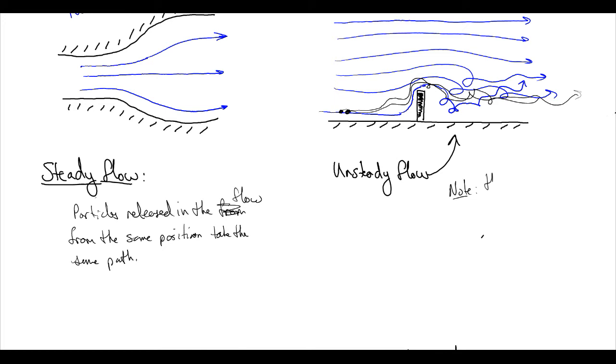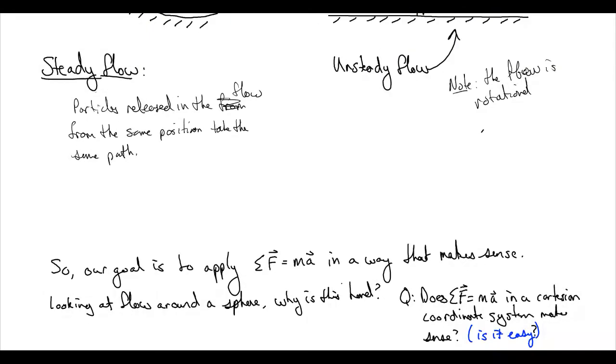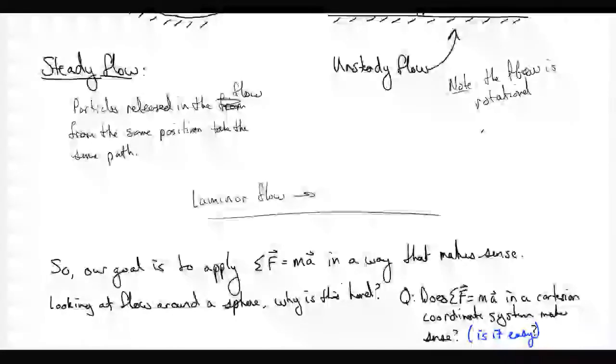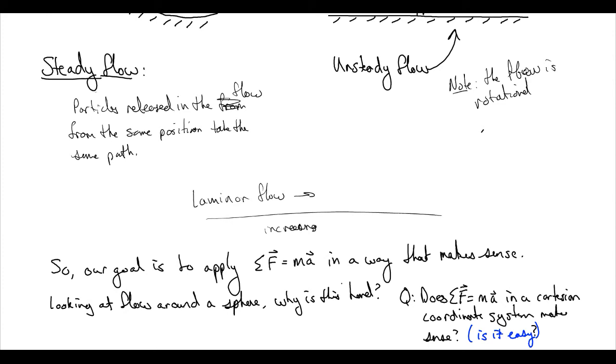Is rotational because it's rotating, right? And just a point of clarification here. You probably have heard the term laminar flow. Well, then if we go in increasingly chaotic, we go to rotational flow, and really all turbulent flow is also rotational flow, but we'll talk about some examples where we'll have rotational flow that's not really chaotic.